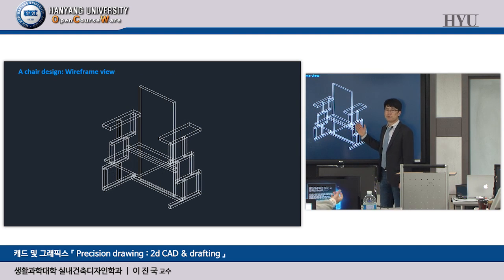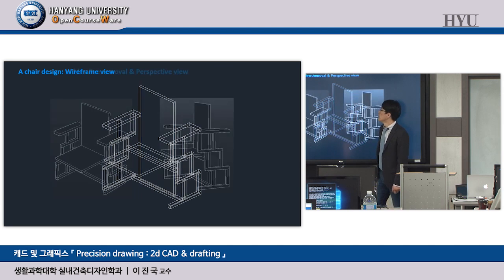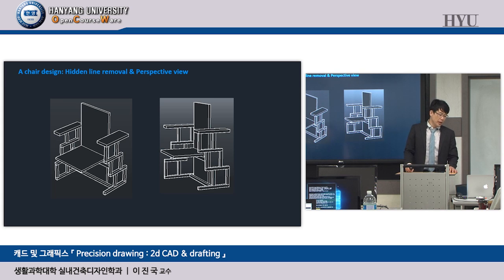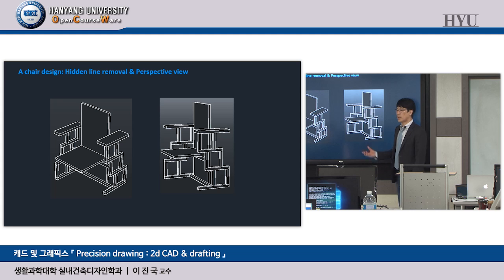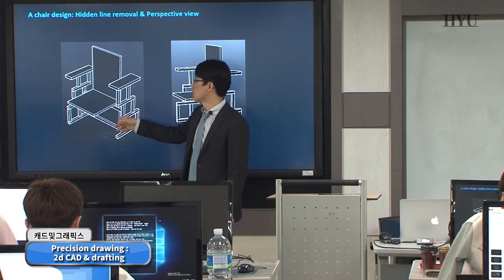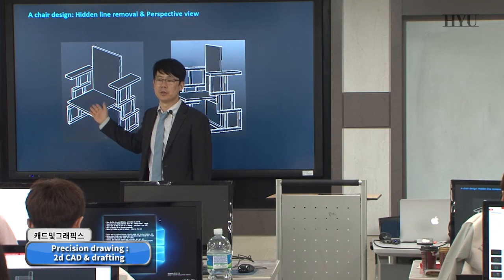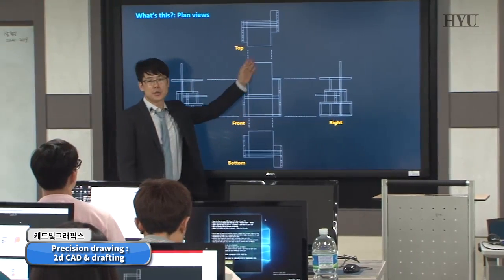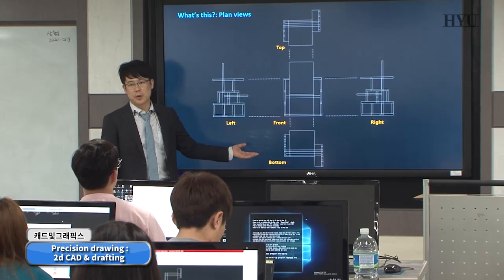The visualization style for this one is line stroke, wireframe, all line drawing, but perspective. Not isometric or axonometric. Anyway, thanks to this kind of 3D rendering, 3D visualization, you can easily recognize the shape of this product, the shape of this geometry. Conventionally, we have used this series of documentation in this view.